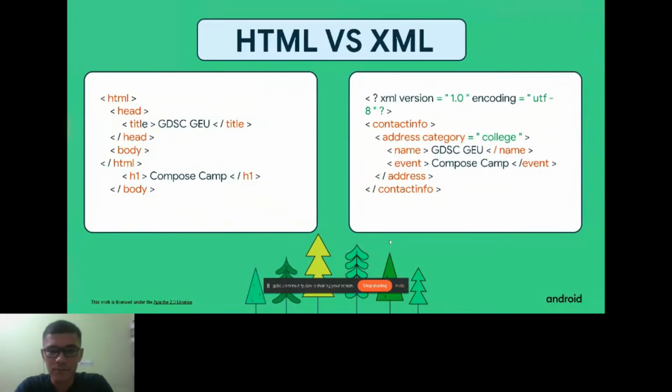If you see, both have similarities, both use tags to define the structure of the user interface. One is used for web development, of course, and the second one we used for Android UI. Now, what was wrong with XML that we had to come up with Jetpack Compose?